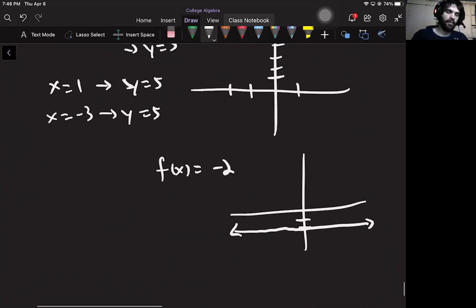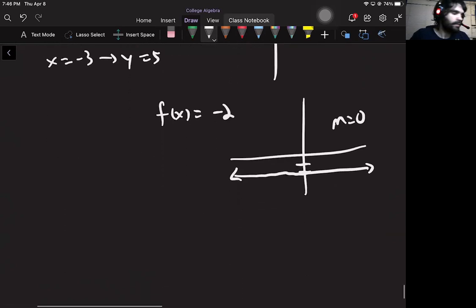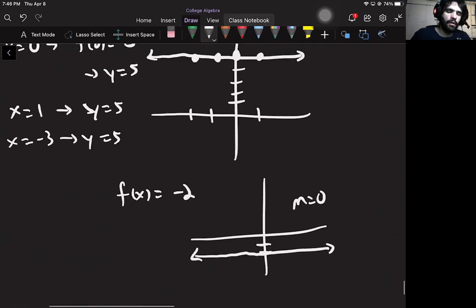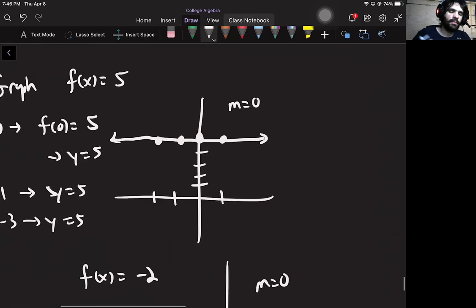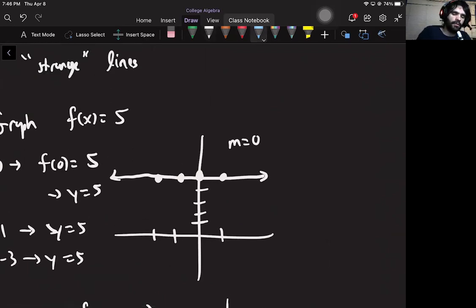And these two are parallel, right? They both have slope m equals 0, which makes sense because they're both flat. So the last kind of weird line is, it's perfectly reasonable to draw a perpendicular line to this line. So a perpendicular line would just be something that goes straight up and down.